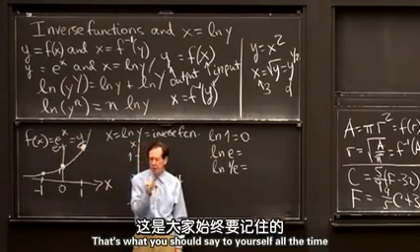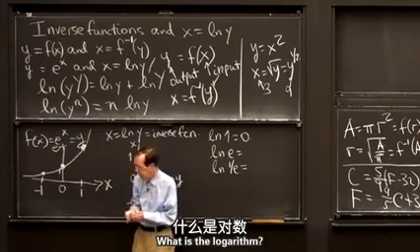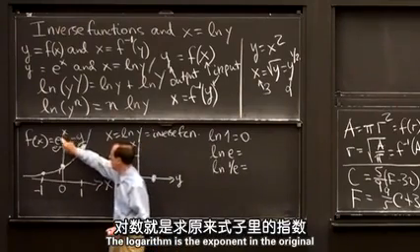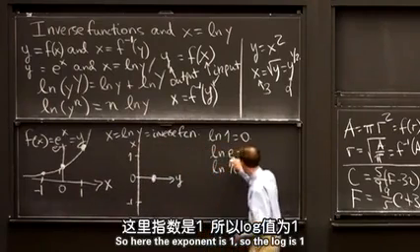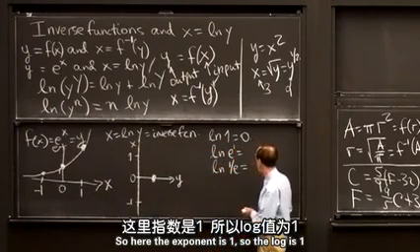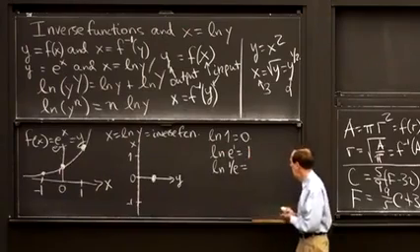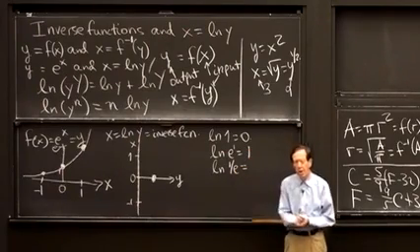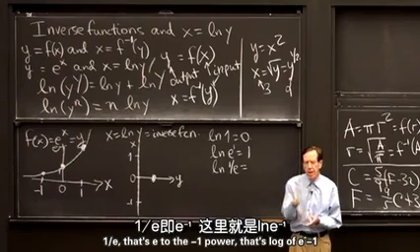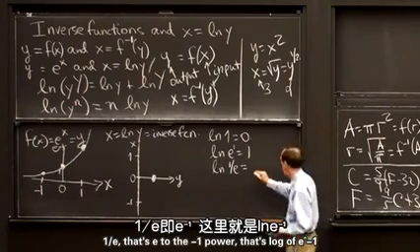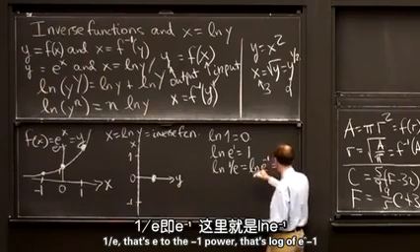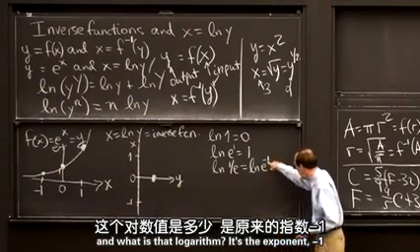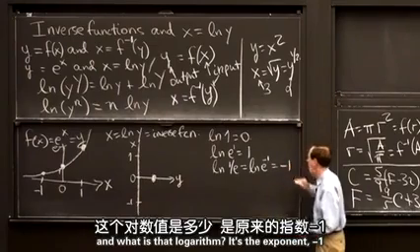That's what you should say to yourself all the time. What is the logarithm? The logarithm is the exponent in the original. So here the exponent is 1. So the log is 1. Here, what's the exponent there? 1 over e. That's e to the minus 1 power. That's log of e to the minus 1 power. And what is that logarithm? It's the exponent, minus 1.